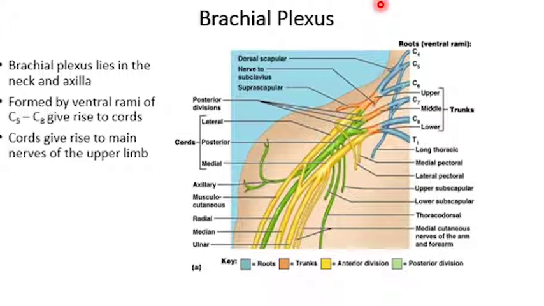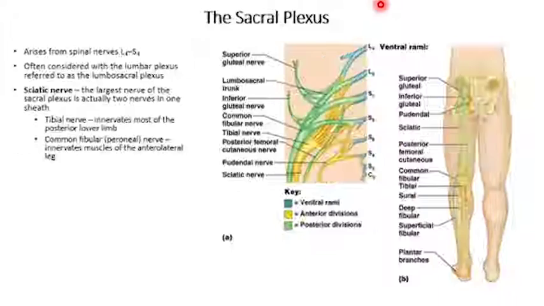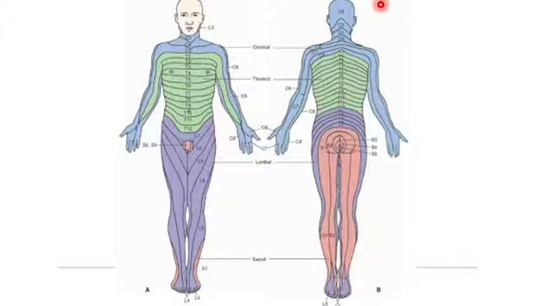The brachial plexus is found in the neck and in the axilla. These arise from C5 to C8, and they give rise to the main nerves of the upper limbs. So usually if you have an axillary injury, you do expect some deficiencies, which we'll talk about later. And the lumbar plexus is from L1 to L4.